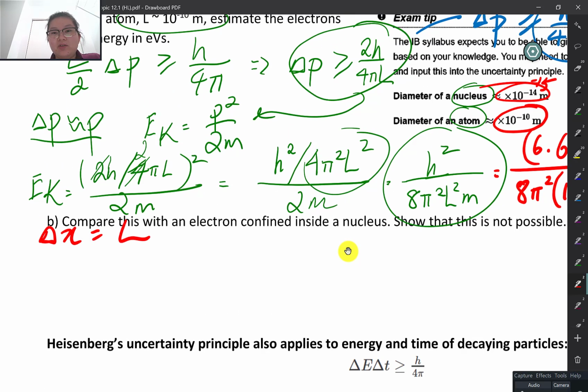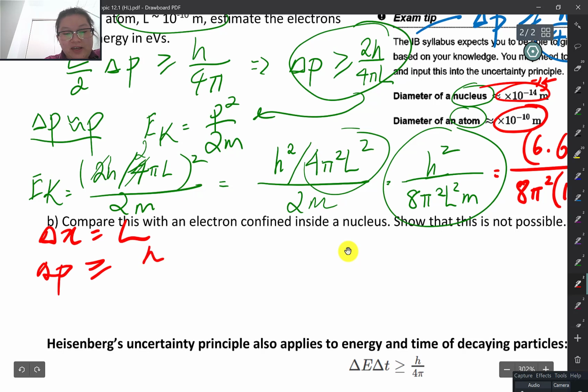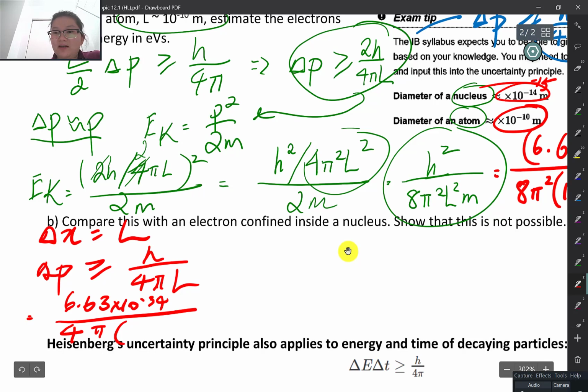I'm going to start from scratch from Heisenberg's uncertainty principle, in which the uncertainty in the momentum is going to be h over 4 pi, and then L is going to come down on the bottom, over L. Solving for this, for the length of the nucleus, or the particle in the box, I'm going to use instead 10 to the power of negative 15, which I see in more examples.